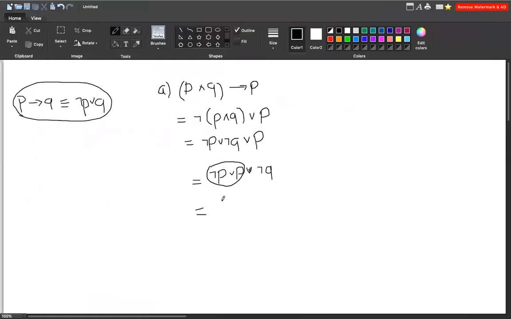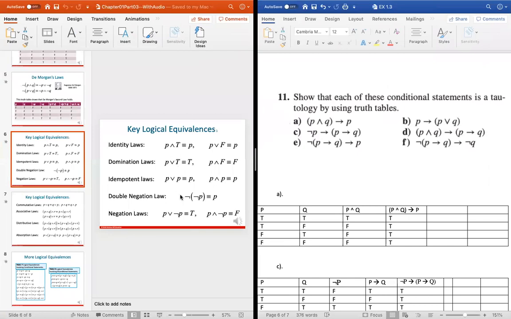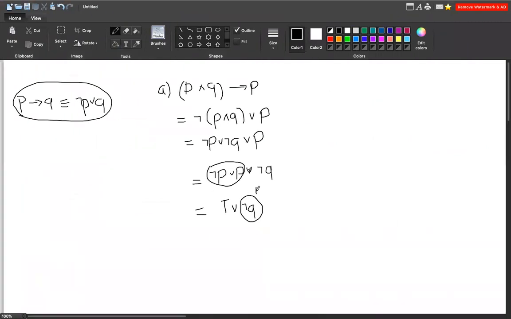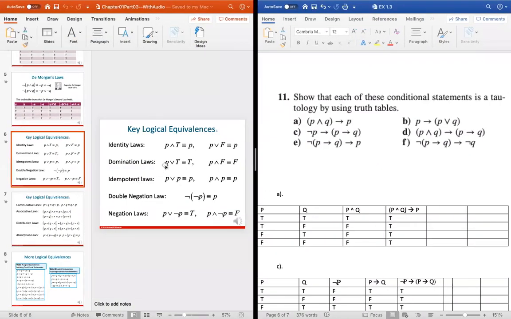So we're going to say true or negation of Q. Now if we consider this statement as P, then the resulting equation will become similar to this, and then we can simplify this, right?